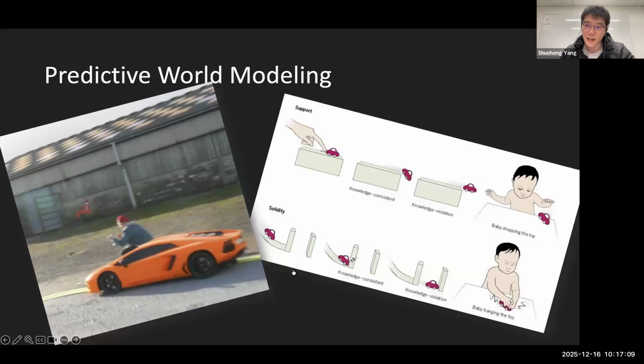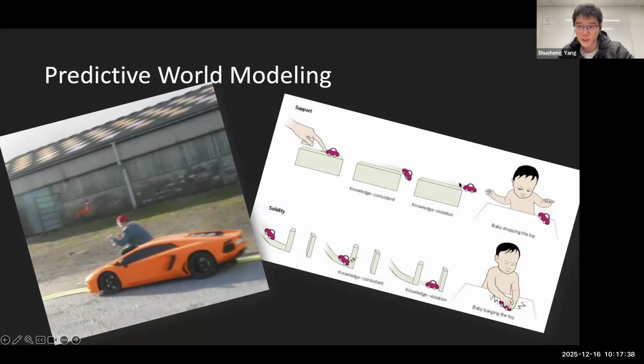There are also studies in developmental psychology on how humans form predictive world models as infants. For example, infants can predict that if a car is approaching the edge of a cube, then as time goes on the car should fall down.